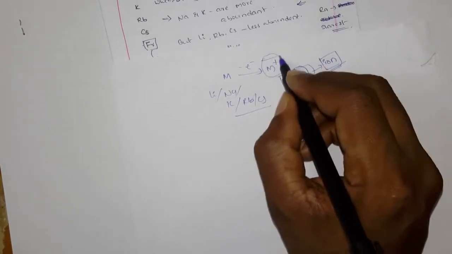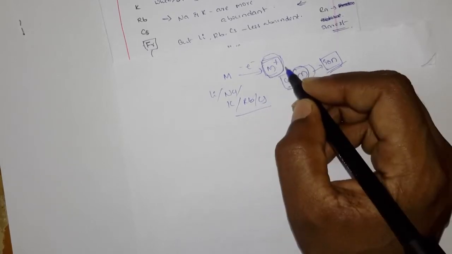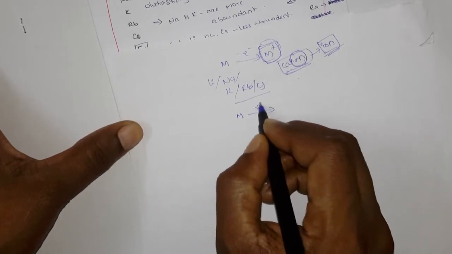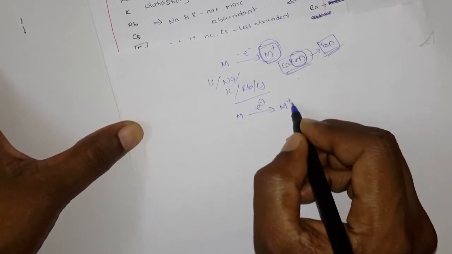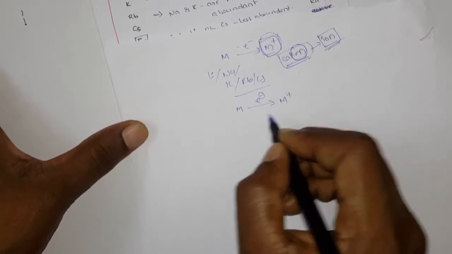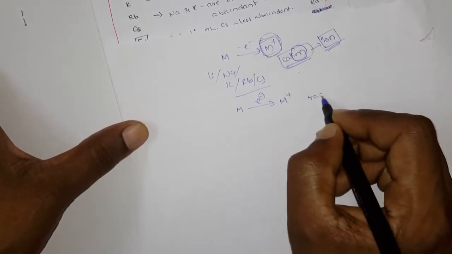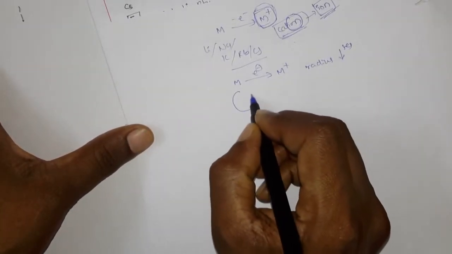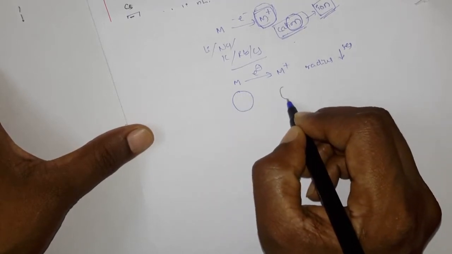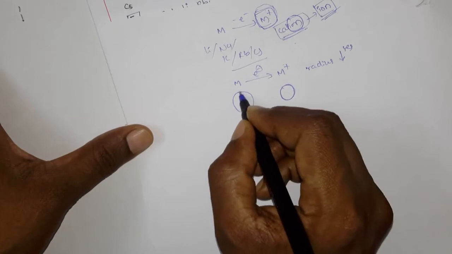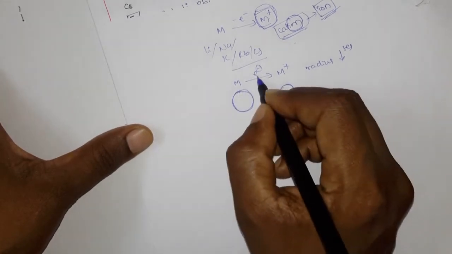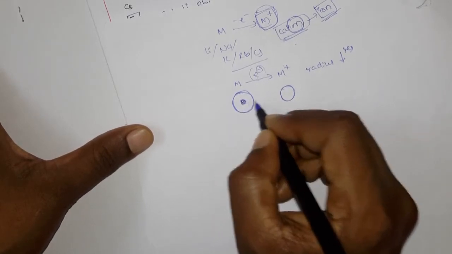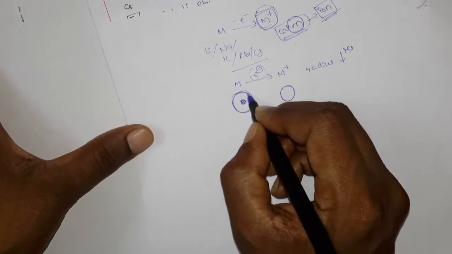And what about the ion radius? The ionic radius, from the corresponding metal, when it loses the electron, decreases. If the metal has this much size, M plus is a little bit lesser in size, because when it loses the one electron, the positive charge at the center attracts the electron cloud very strongly.